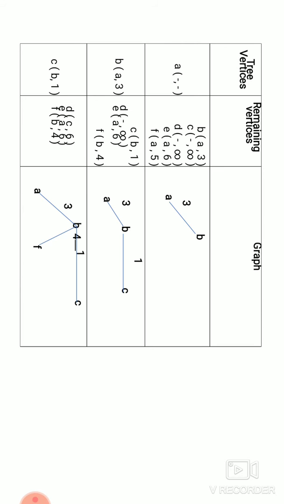So when I have the vertices in a tree, now I have visited 2 vertices in my tree. So my tree has 2 vertices, A and B. So B of A comma 3. And what are the unvisited remaining vertices in my graph? C, D, E, F. So look at the graph.